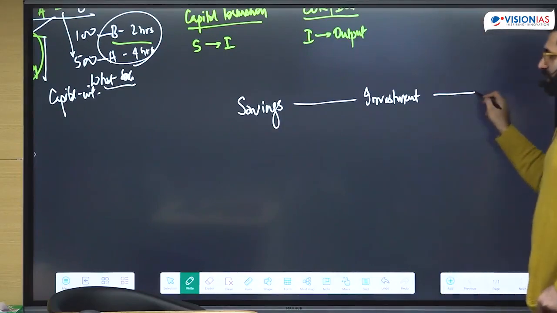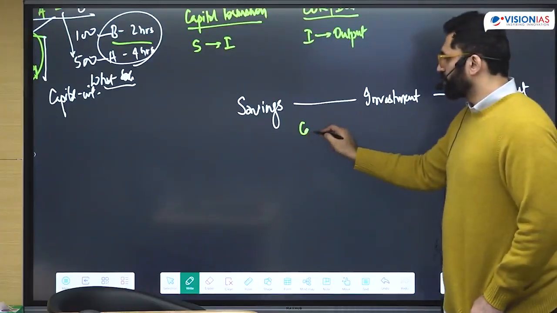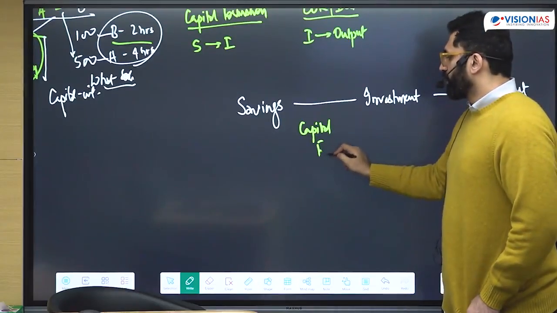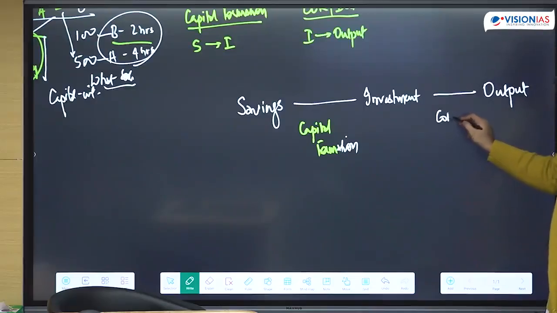So you can write down this: savings to investment to output. Saving to investment is what is called as capital formation. Investment to output is your COR.